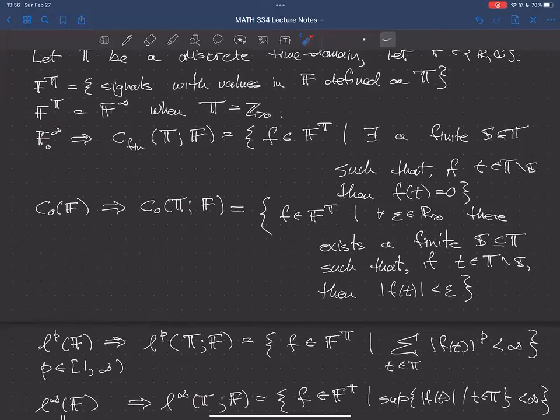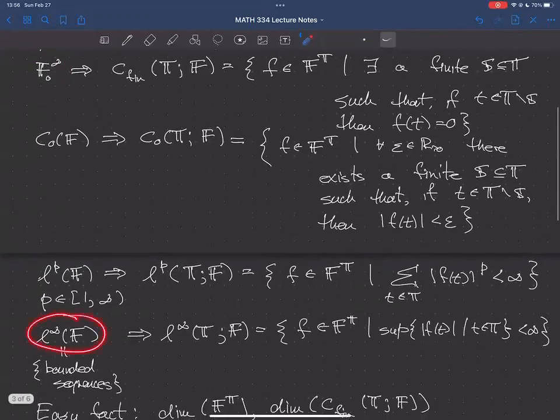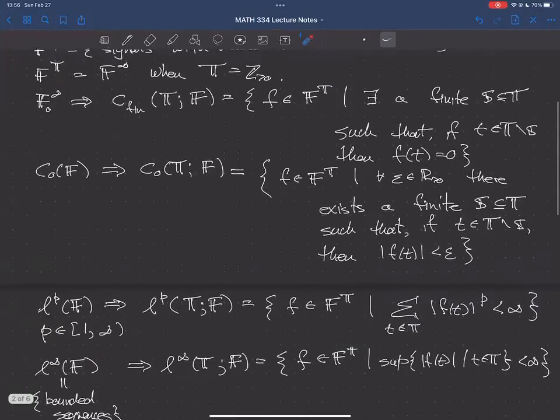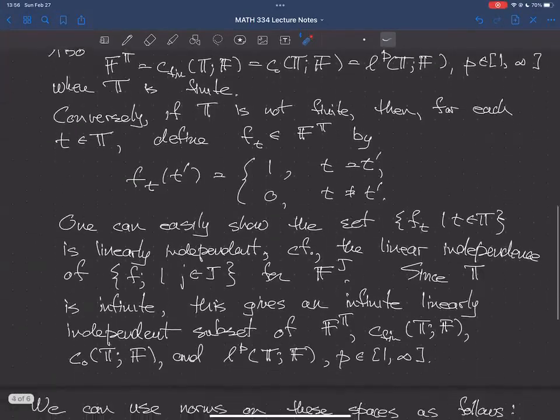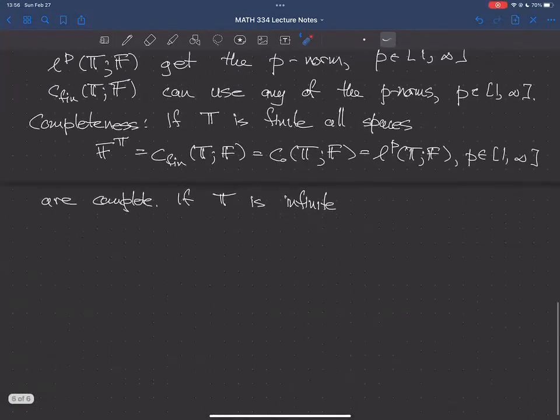Well, this was the completion of this in the infinity norm. And this was the completion of this in the p norm. This wasn't actually the completion of this in any norm.